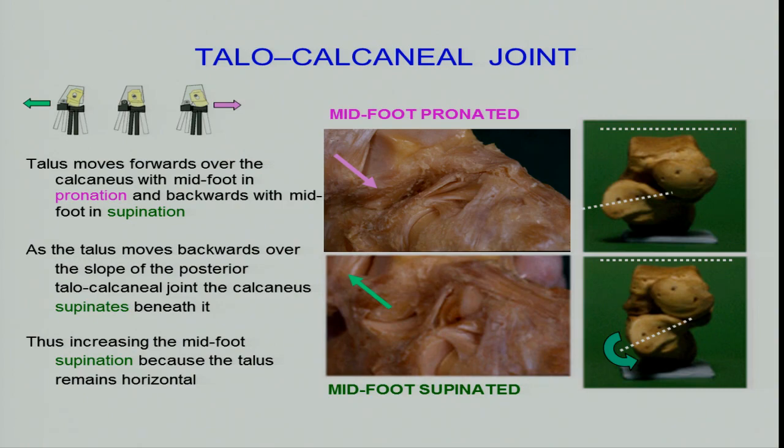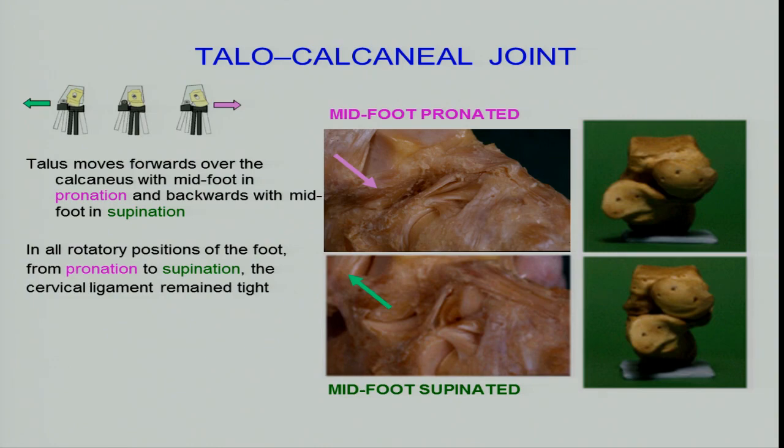The distal surface of the calcaneus supinates a certain amount, and the cuboid supinates even more. Now, as you can see, here we are with supinated outward angulation, pronated and inward angulation. There is the cervical ligament, and there it is. It's tight in both positions.